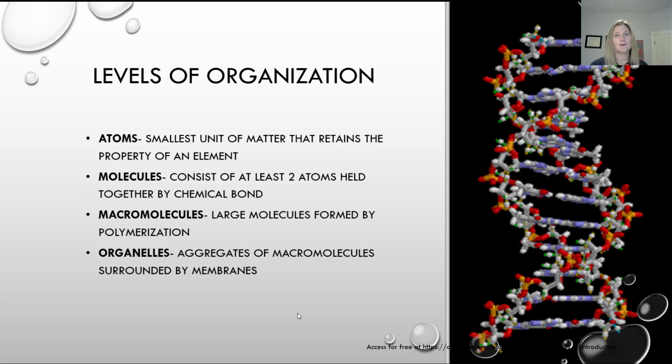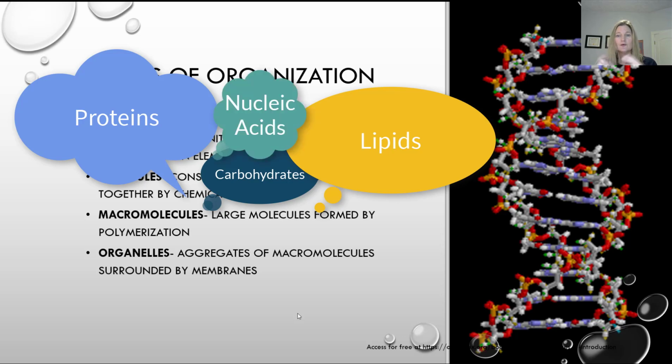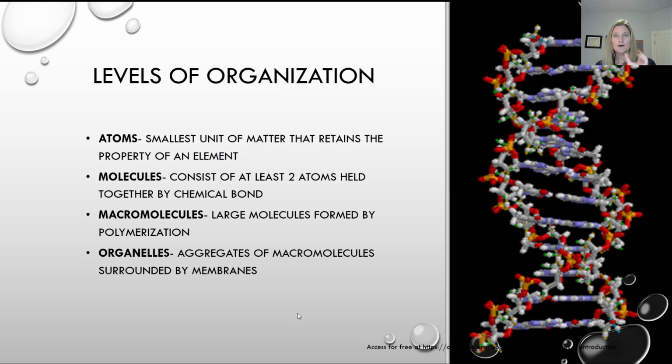So for example, in further chapters, we'll get into the macromolecules of life, which are four of them. We focus in on carbohydrates, proteins, lipids, and nucleic acids. So if I take, for example, a protein, it is made up of molecules of amino acids.